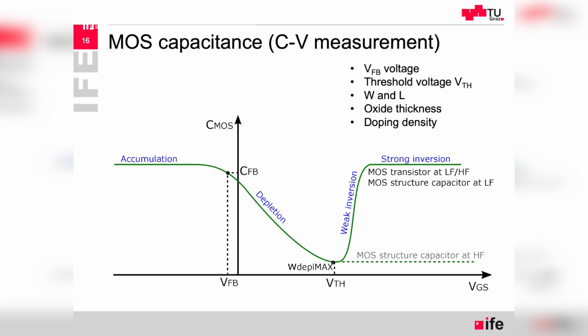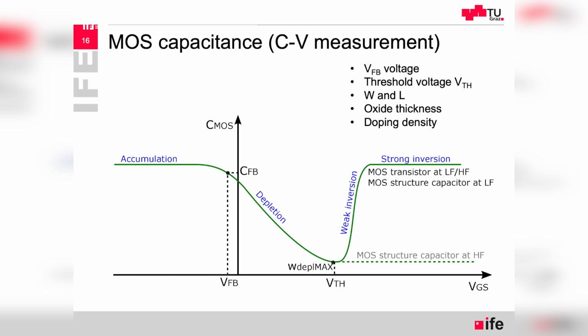So especially if the frequency gets very low, we are at low frequencies, such that the charge carriers in the bulk, where we are not having lots of carriers, because we are talking about the depletion region and minority charge carriers, so we are really speaking about a low number of electrons, for example, in case of p-type substrate, then we have to go to very low frequencies so that the charge carriers can follow the gate signal.